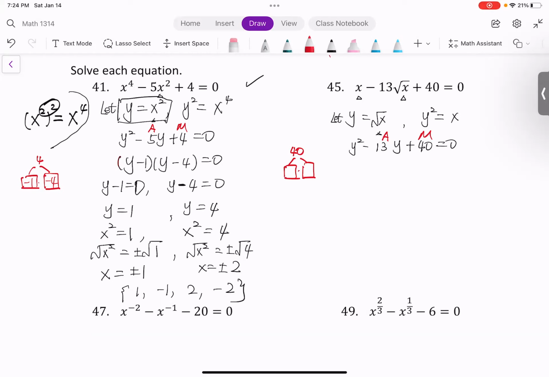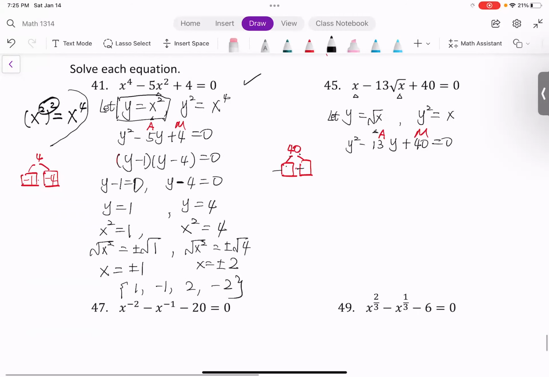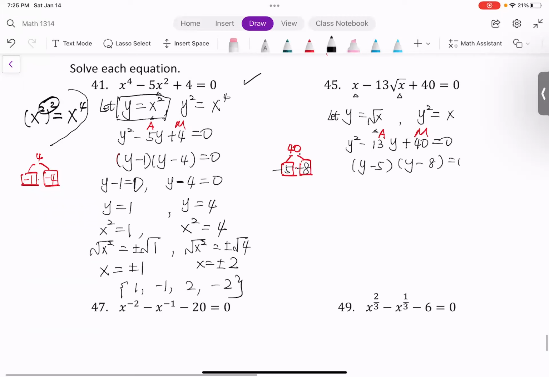Both of them must be negative because the sum is negative and the multiplication is positive. So they are 5 and 8. We have y minus 5, y minus 8 equals 0. Then y minus 5 equals 0, y minus 8 equals 0, y equals 5, y equals 8.